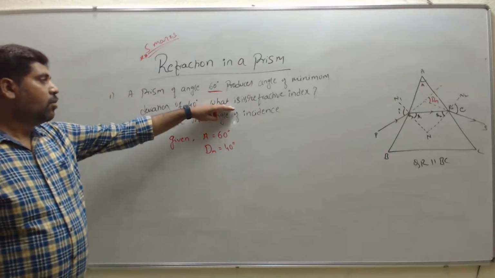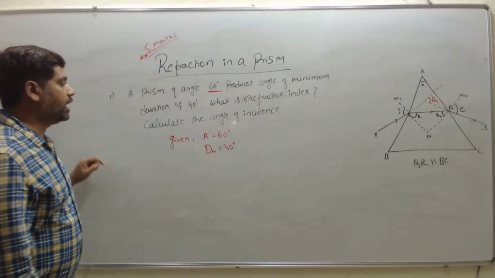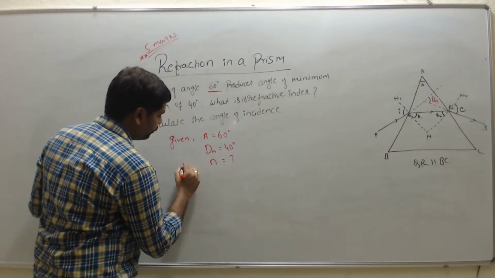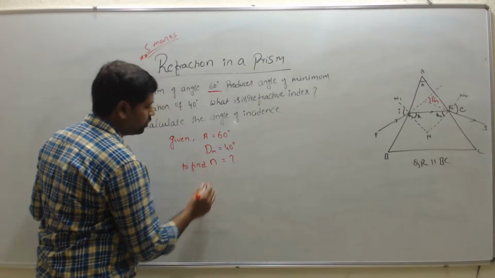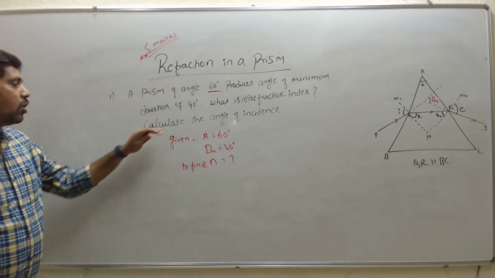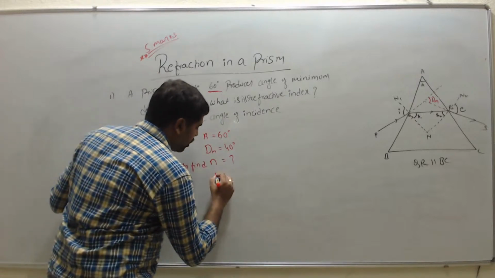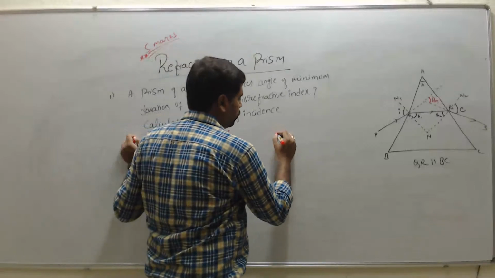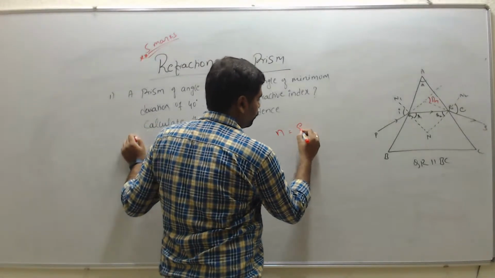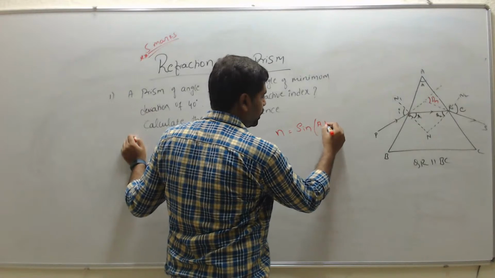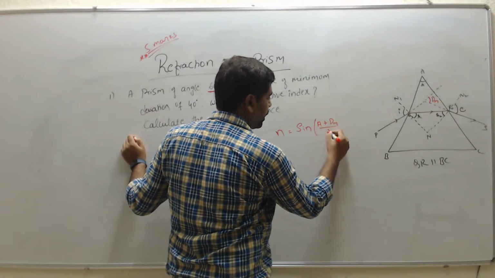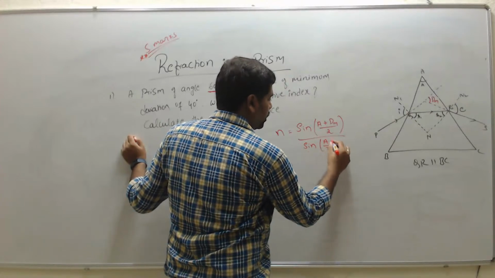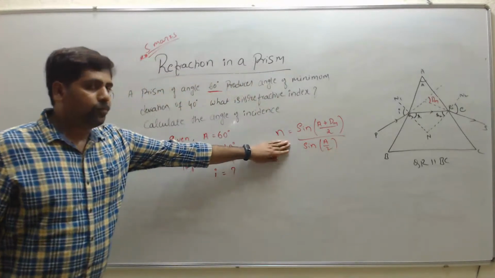We have to calculate its refractive index n, and also the angle of incidence I. From the prism formula, we know n is equal to sin of (A plus Dm) divided by 2, whole divided by sin of A by 2. So this is the prism formula.